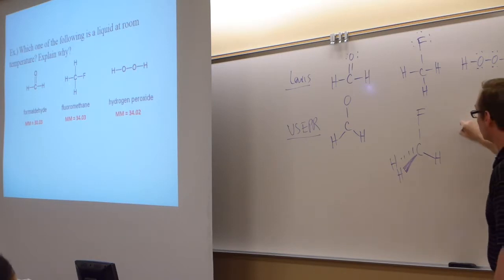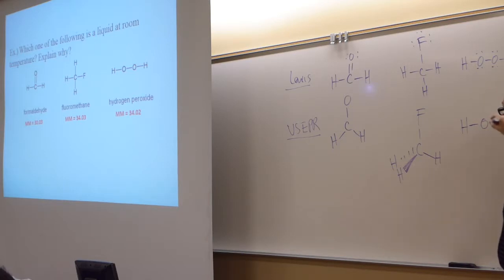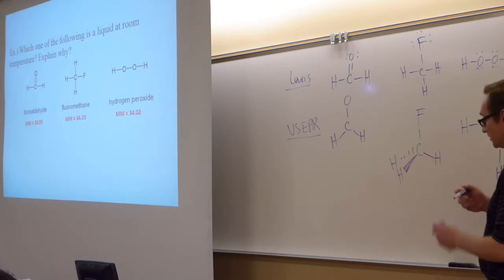How would I draw the shape for that? What's the shape around this inner oxygen? It's going to be bent. So I could do it that way, or I could do it this way. Okay, but we'll keep it this way.